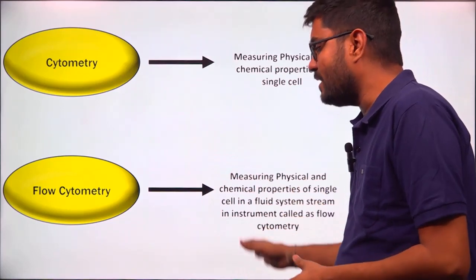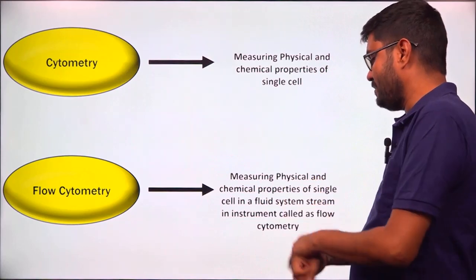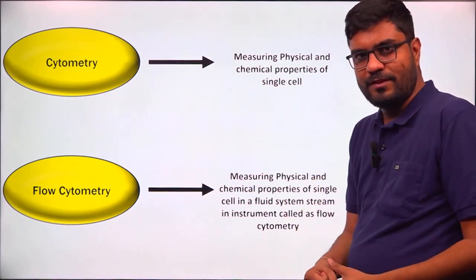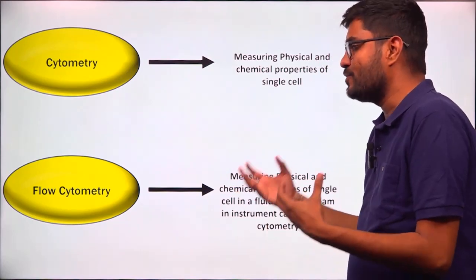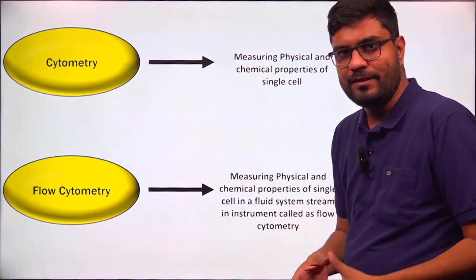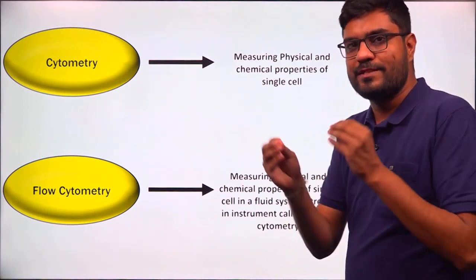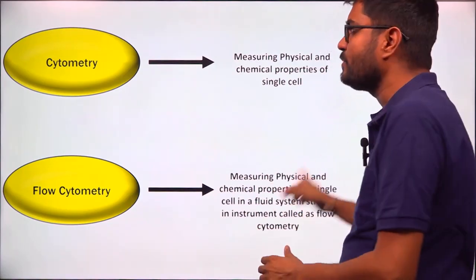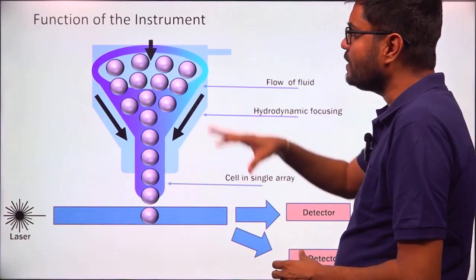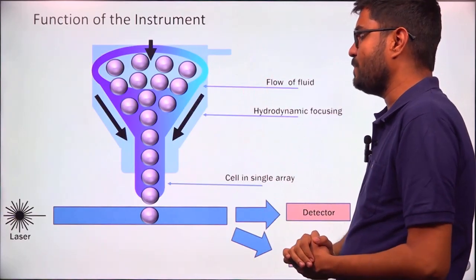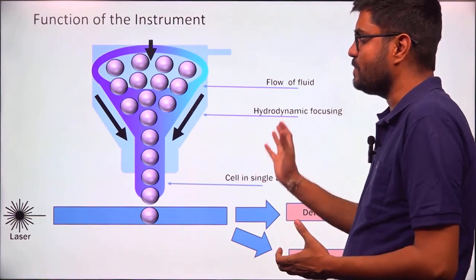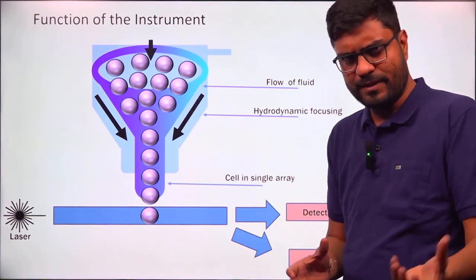So let's understand what I mean by the fluid system, or what a flow cytometer is actually doing when we are putting our cells in the instrument. If I look at the functional aspect, the instrument is very simple.